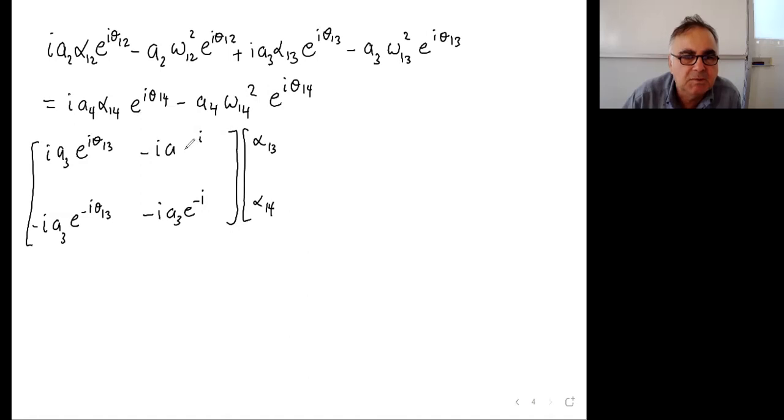It will be minus IA4 e to the I theta 1,4, and plus. Yes, this is correct now, is equal to.